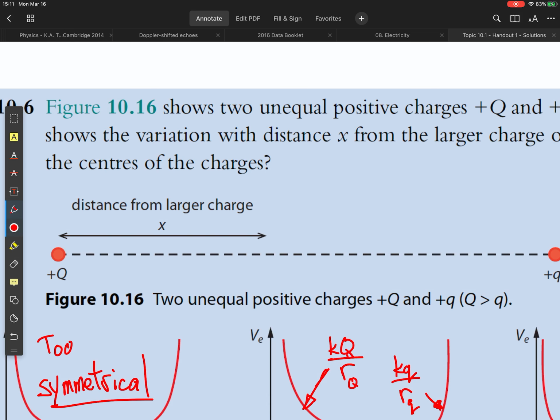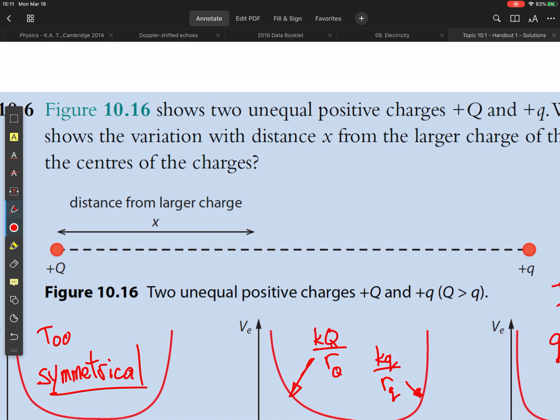Okay, so basically, as we move from charge plus large Q over to plus small q, what we're going to find is that initially we have a decrease, but as we get closer to our other charge, it's going to increase.